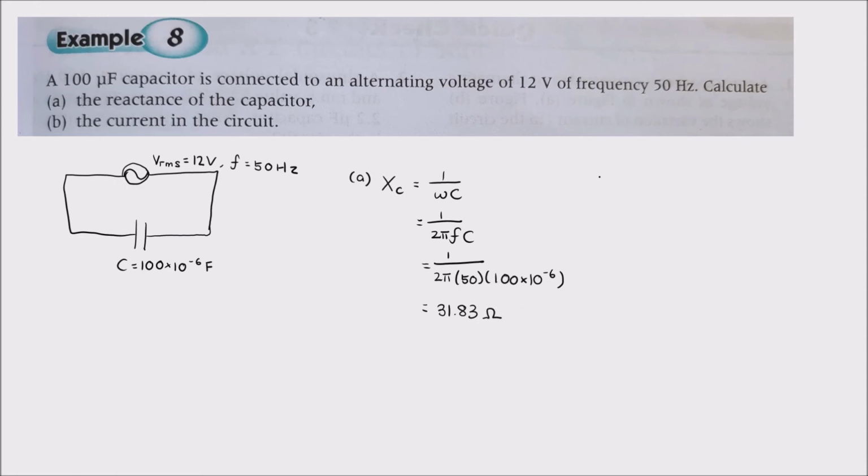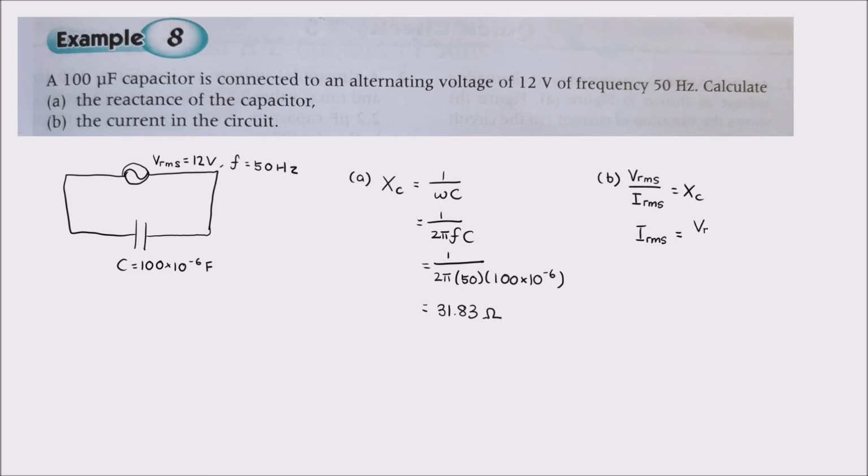The second thing they ask for is to calculate the current in the circuit. How are we supposed to calculate the current? We have to remember the relationship between VRMS, reactance and current. Reactance is always a ratio between V and I. So in this case, the ratio between VRMS and IRMS equals X subscript C. What we want here is IRMS. They didn't mention they want peak current, so if they didn't mention peak or RMS, we assume it to be RMS.